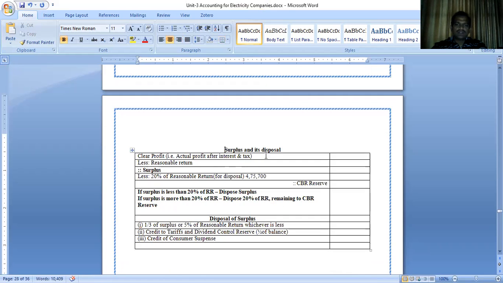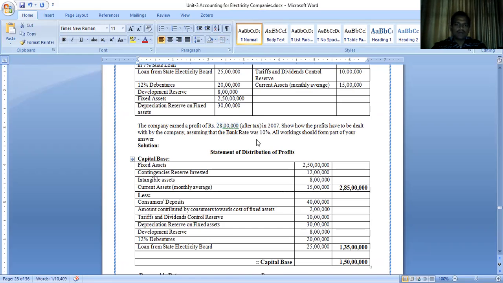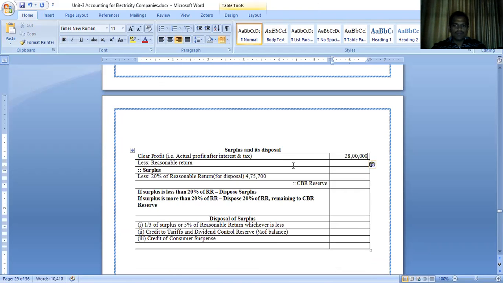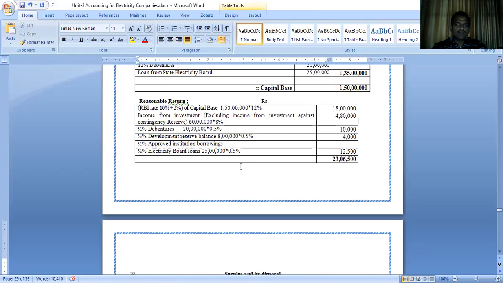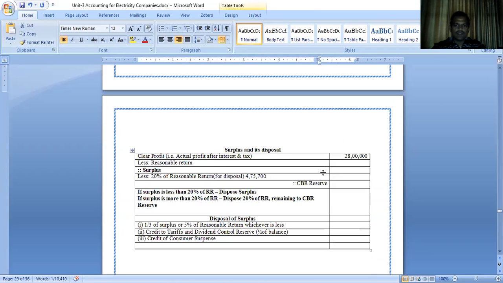Surplus and its disposal. Clear profit: in the given problem we have 28 lakh rupees clear profit, that is after-tax profit. The reasonable return is 23 lakhs 6,500.